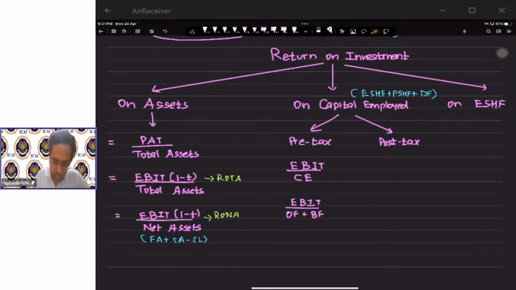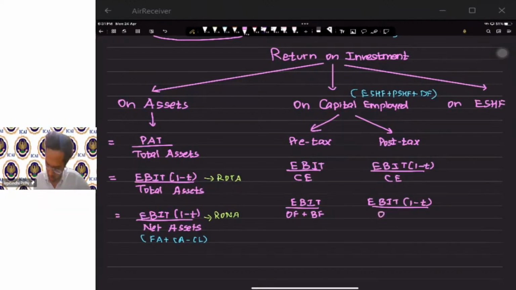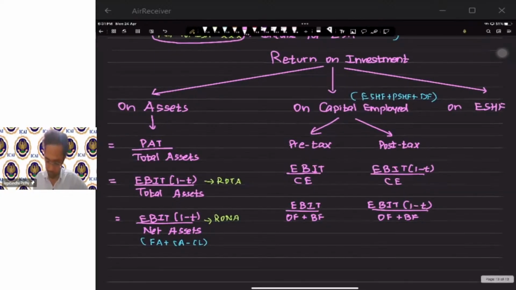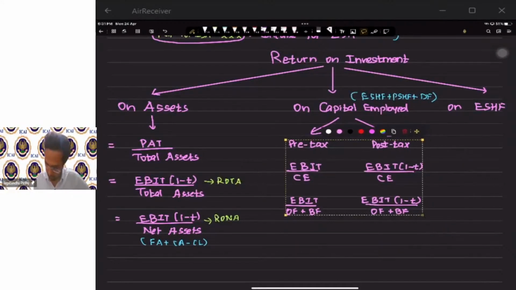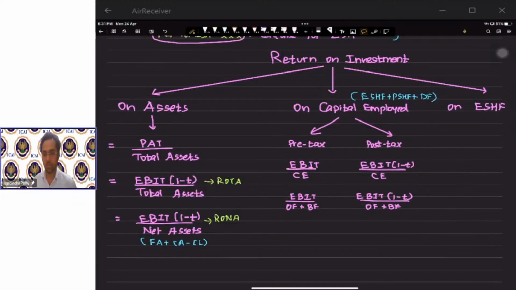Now, when you want to make it post-tax, you can simply say this is EBIT (1 minus T) upon capital employed, or EBIT (1 minus T) upon owned funds plus borrowed funds, right? So that's your return on capital employed, as to how much return you're generating on the capital employed.